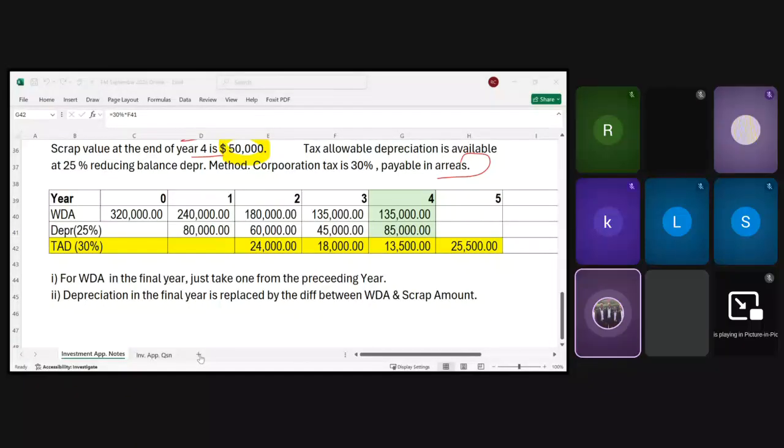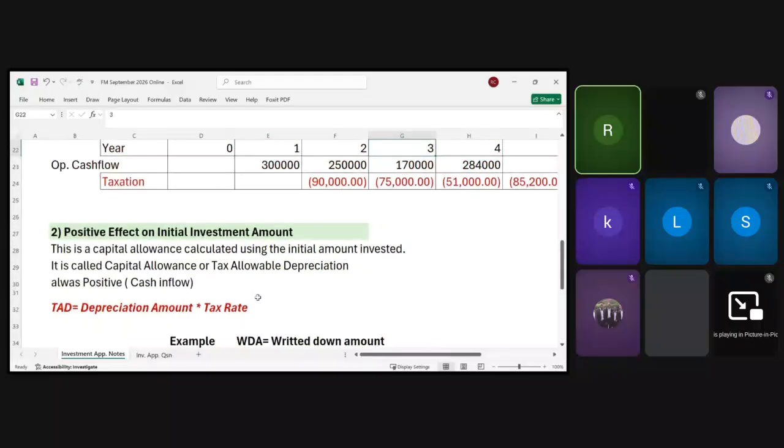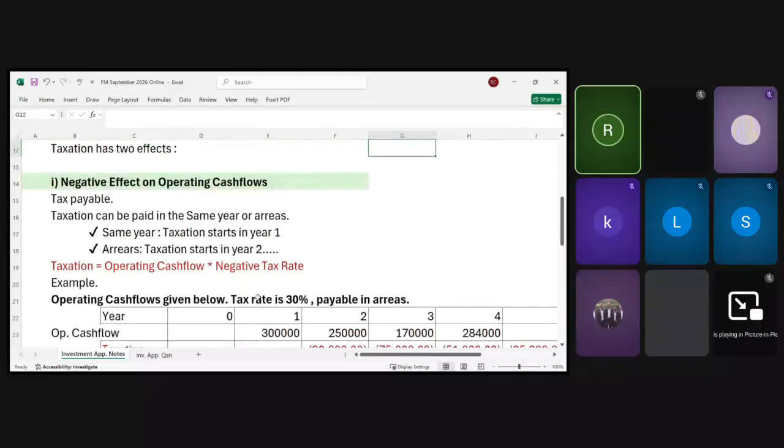Say if the tax is payable in advance, we start calculating in year 1? There is nothing like that. We do not have tax that is payable in advance. The issue of tax is that you have to realize profit so that you can calculate the tax amount. So it's either your tax is in the same year or in arrears. We do not have tax in advance here. Taxation is going to be same year, which is year 1, or arrears, year 2.